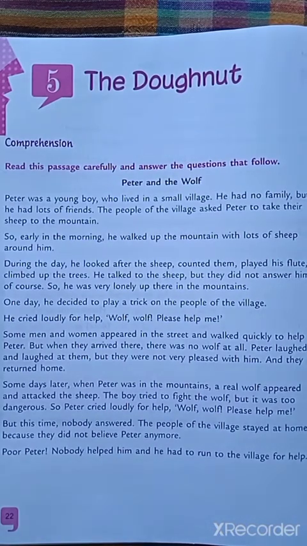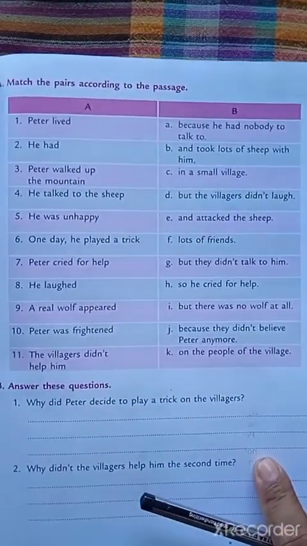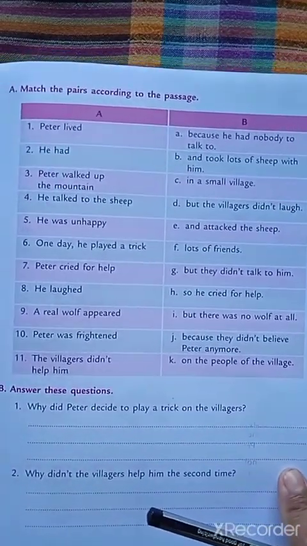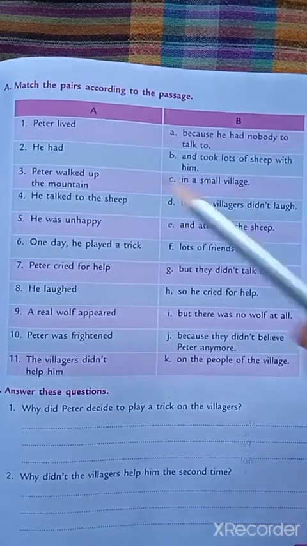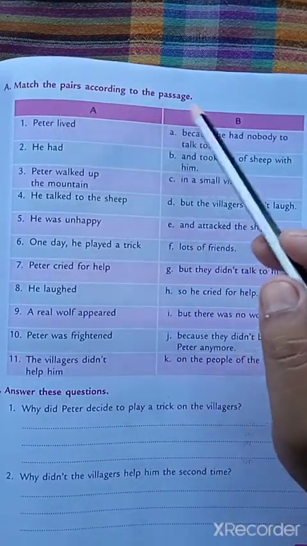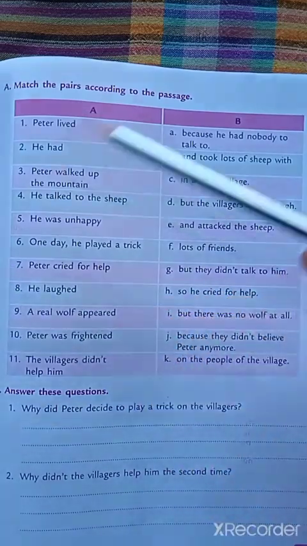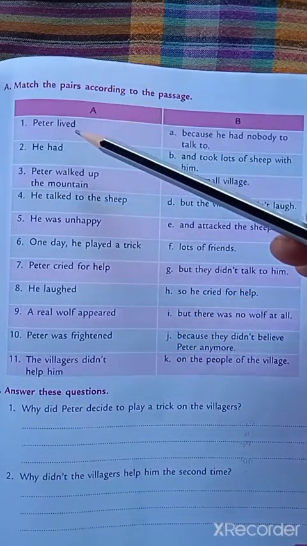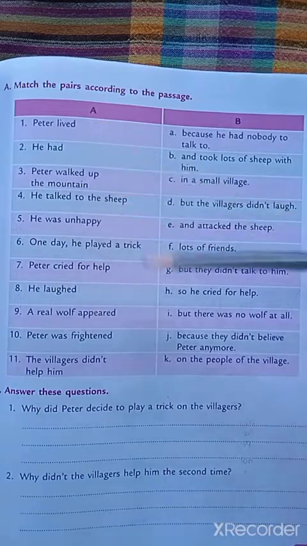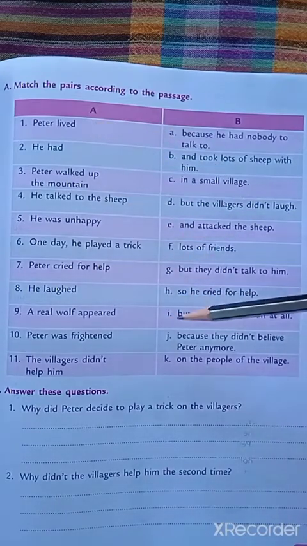So now let's see the exercises. Exercise A: Match the pairs according to the passage. We already did the story. After reading the story, you have to match the pairs.